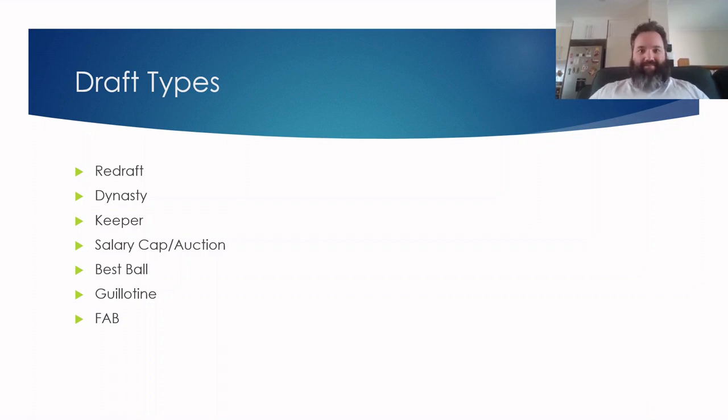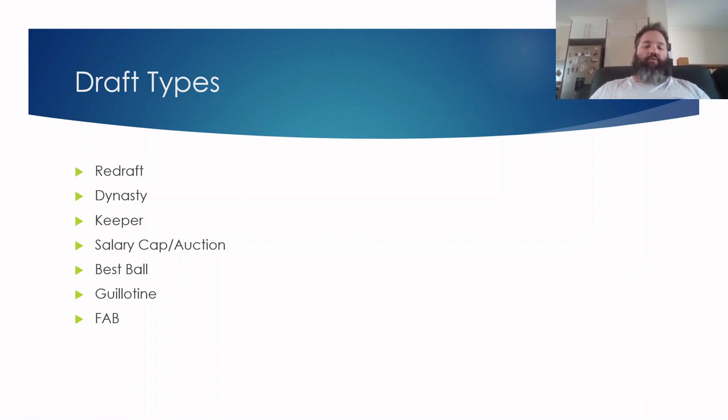So, like a guillotine, cut the head off it, and their players all go back into the free agency pool. So, you can imagine as you go through the season and more teams are getting cut, the teams that are left are getting stronger and stronger with those players that are available. So, that'd be a really interesting one, I think, too. Obviously, the downside is if you're unlucky and miss out in one of the earlier weeks, then you don't have anything to do for the rest of the season. But I think it'd still be interesting to watch one play out and see how it goes.